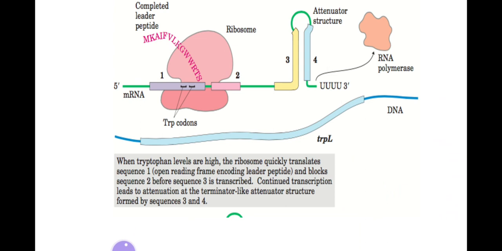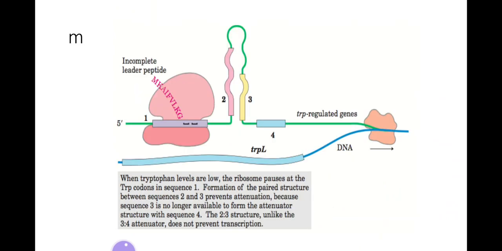If the ribosome stalls at region 1 and 2, regions 3 and 4 will form the attenuator structure. And if the ribosome only covers region 1, then 2 and 3 will form a paired structure, but this paired structure is not an attenuator structure.